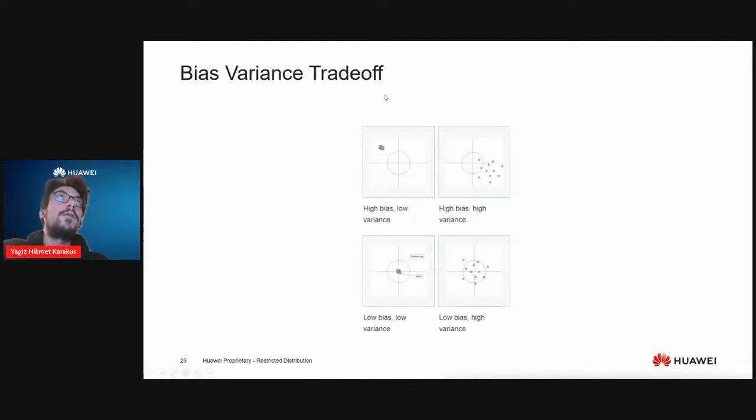So then I want to talk about the bias-variance trade-off. In machine learning and deep learning models, there can be a lot of bias-variance trade-off in training. So we can solve those trade-offs. If you have high bias and low variance, as you can see, the target is hit at the same spot, but not the right spot.